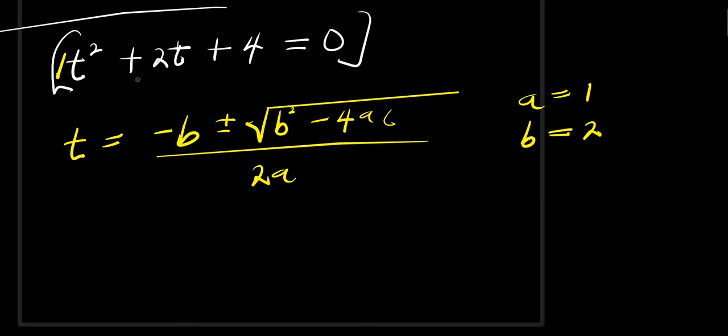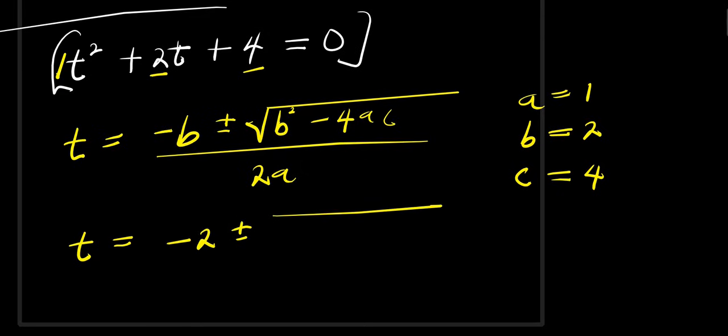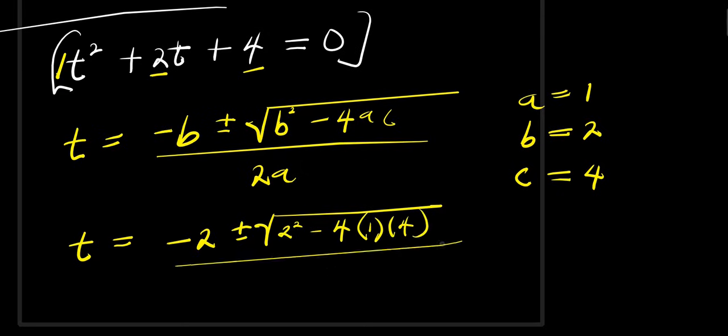B equals 2, which is the coefficient of t. And c equals 4, which is the constant here. So from here we have t equals negative b plus or minus square root of b squared minus 4 times 1 times 4 divided by 2 times 1.